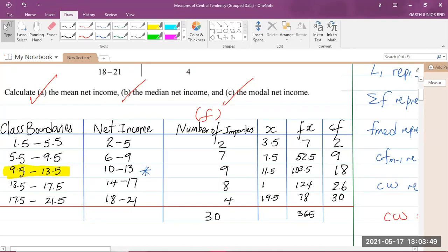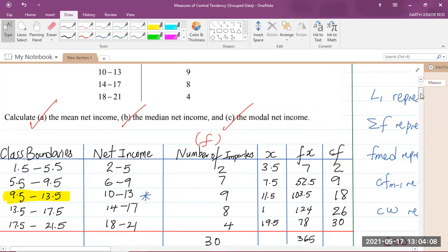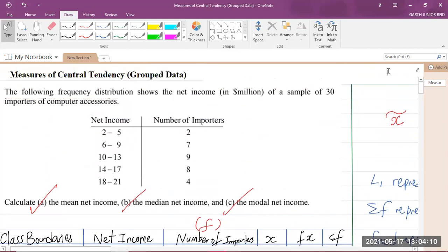The modal class boundary was 9.5 to 13.5, and our answer was 12.2, which falls within the boundary. It falls in the median class boundary and the modal class boundary, so we're good there. This is it for this measures of central tendency question for grouped data.